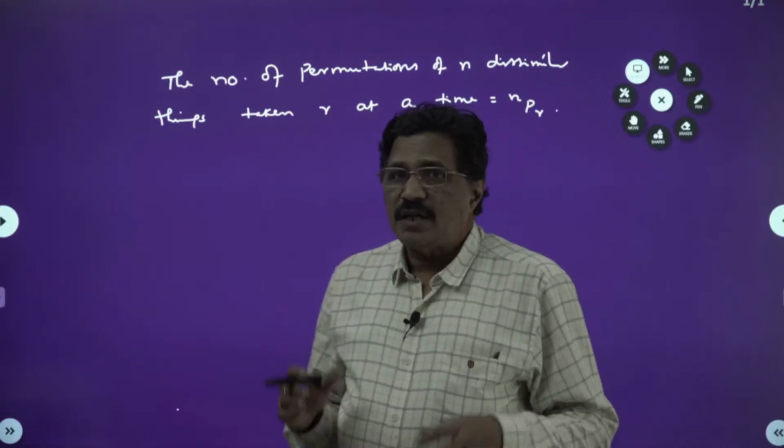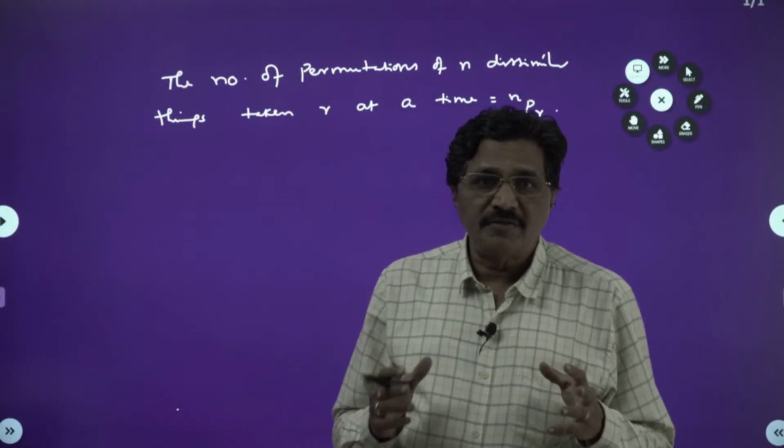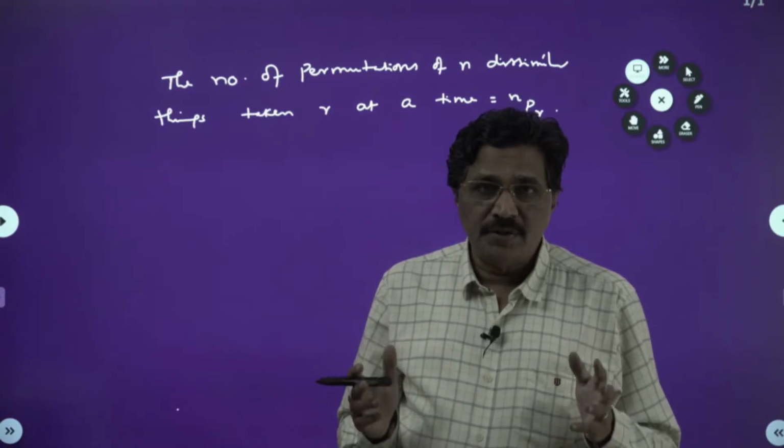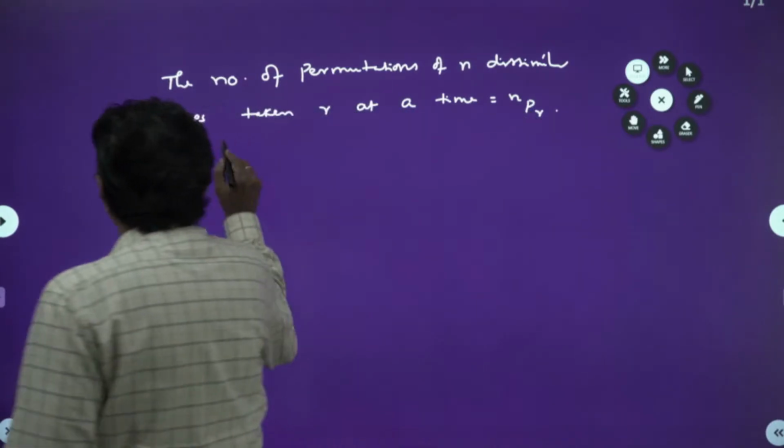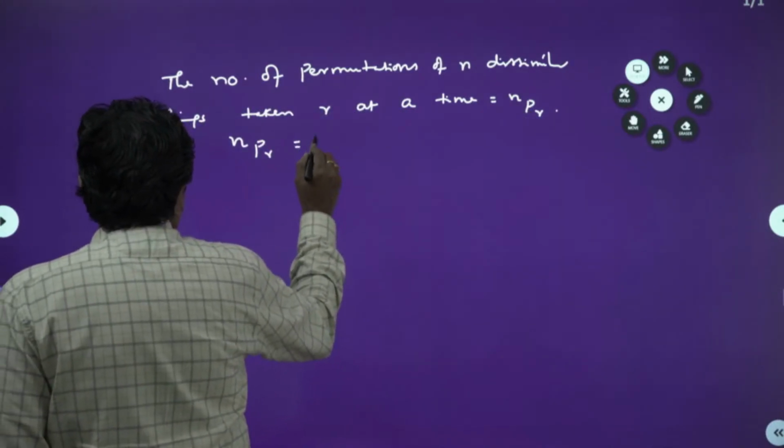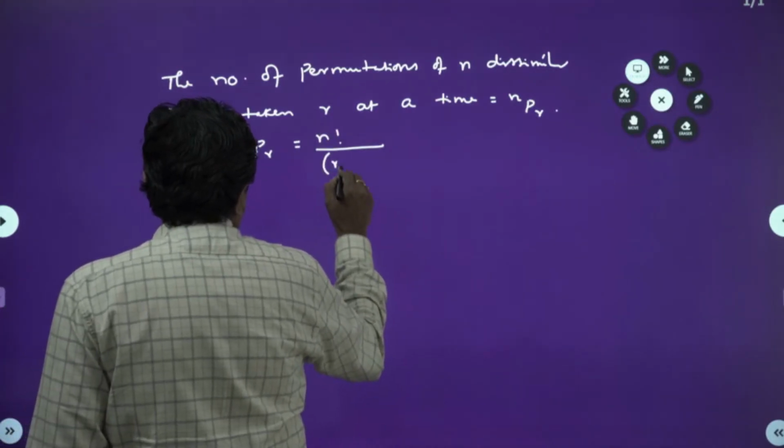The next thing is the number of permutations of n dissimilar things taken r at a time is nPr, and nPr is given by n factorial by n minus r factorial.